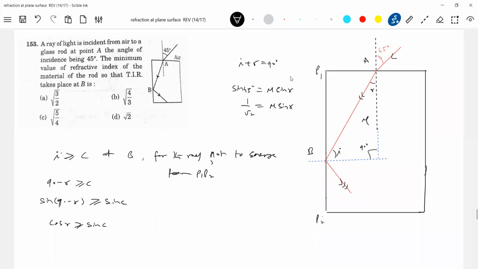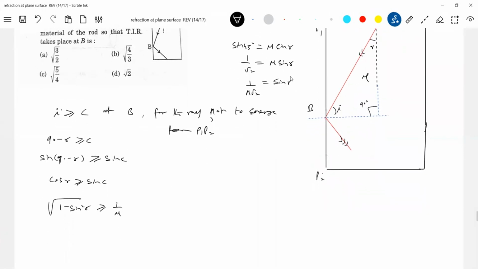For that, we have sine R equal to 1 by mu root 2. Cos R will become root of 1 minus sine square R. Sine of the critical angle should be 1 by mu. So 1 minus sine square R, which is 1 by mu root 2 whole square, should be greater than 1 by mu.